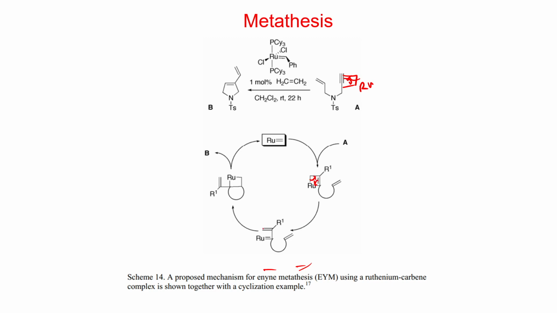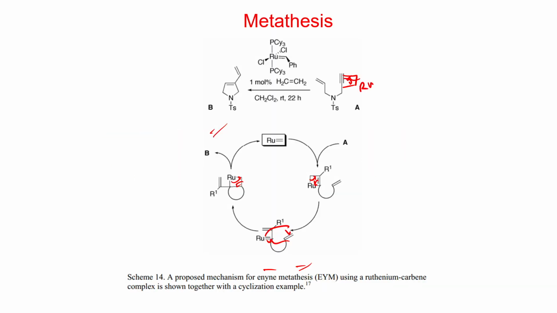Ring opening followed by this cyclization and again regeneration of the catalyst, and this ring closing product will be the product that will be isolated. So that's how different metathesis reactions can be done, and you can end up with different required products according to your need.